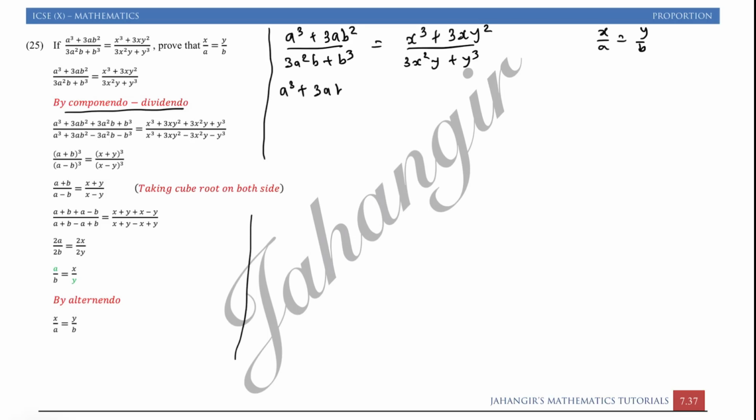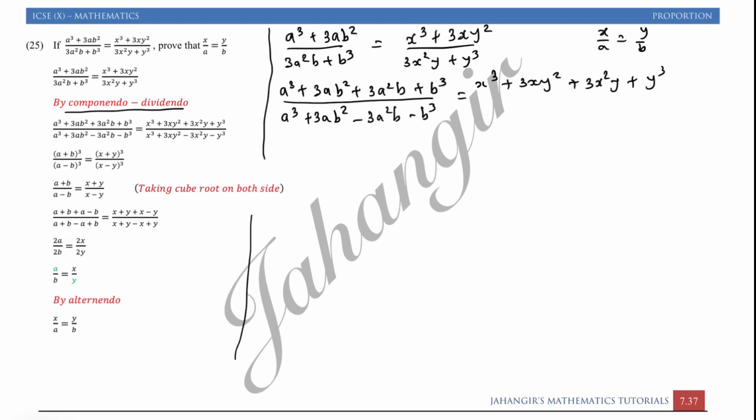(a cube plus 3ab square plus 3a square b plus b cube) upon (a cube plus 3ab square minus 3a square b minus b cube). Right, now we had discussed this identity. (x cube plus 3xy square plus 3x square y plus y cube) whole upon (x cube plus 3xy square minus 3x square y minus y cube).